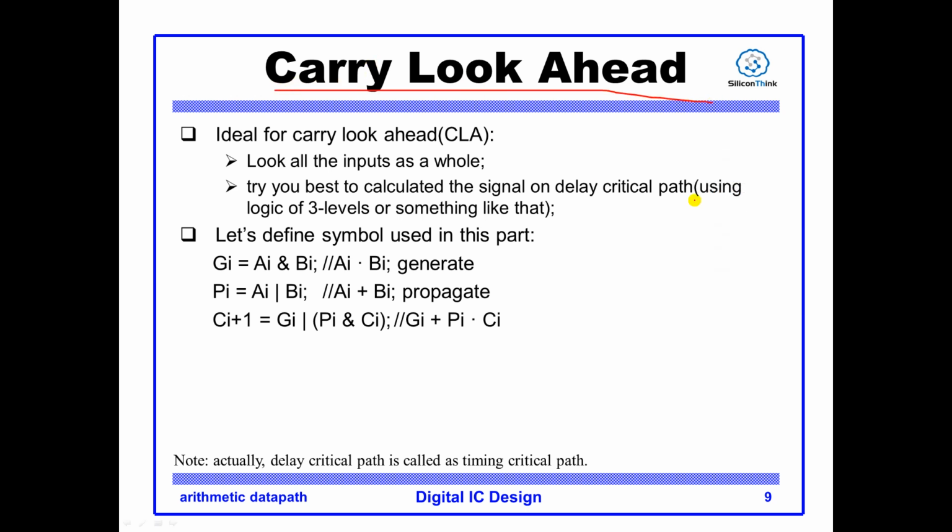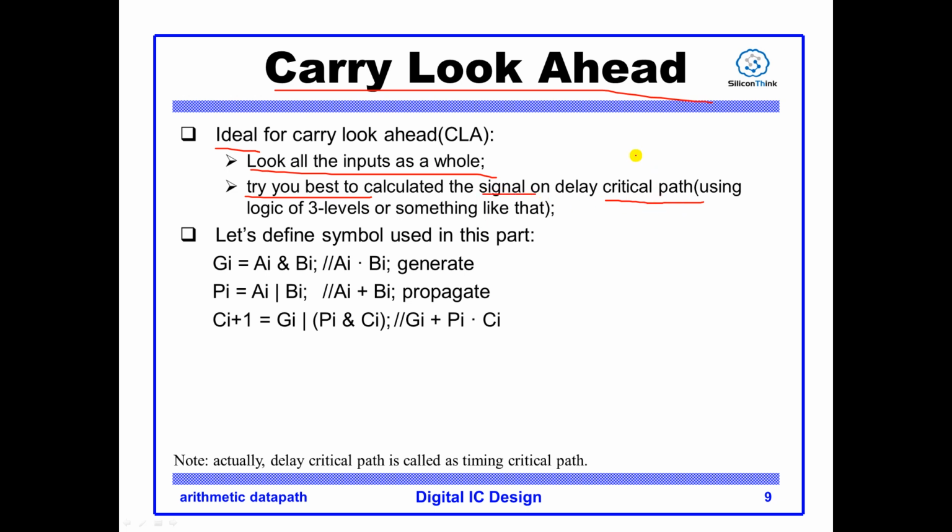carry look ahead. This is another architecture engineers have designed for addition. The idea behind the carry look ahead is to look at all the inputs as a whole, and try your best to calculate the critical path, to calculate the signal on the critical path.